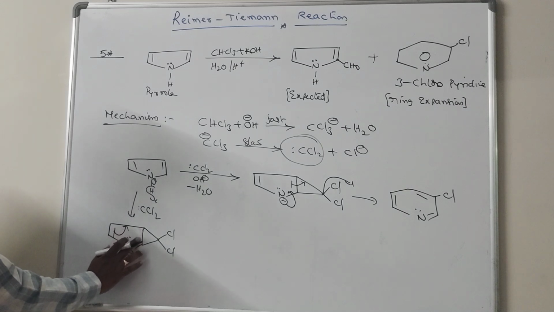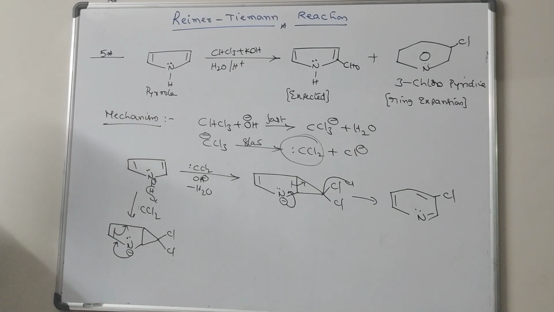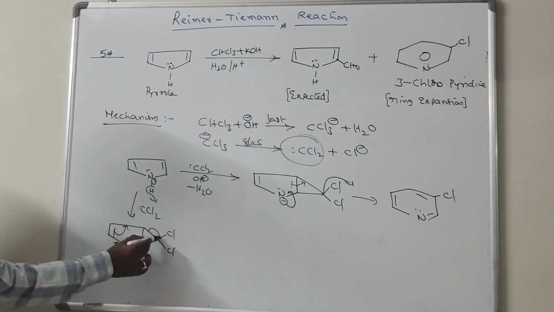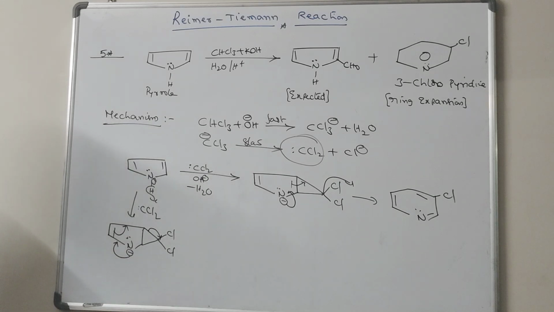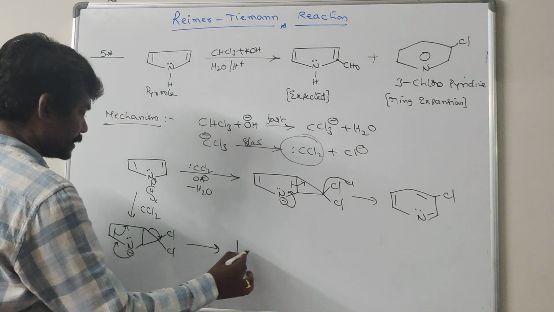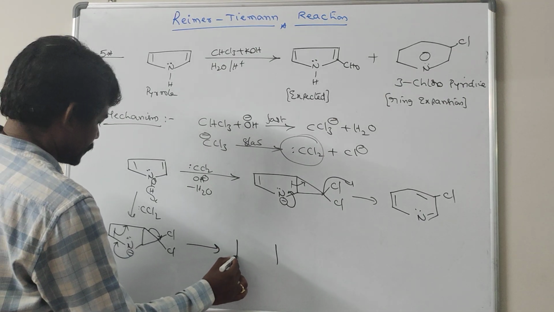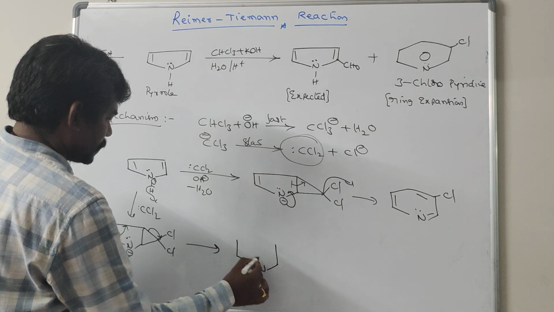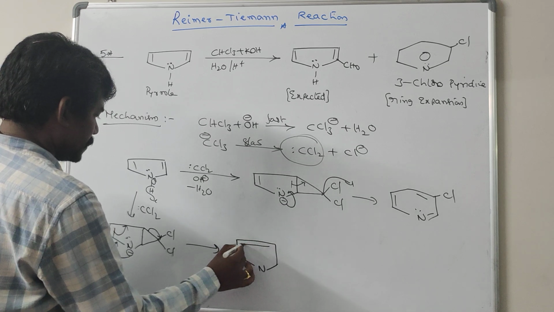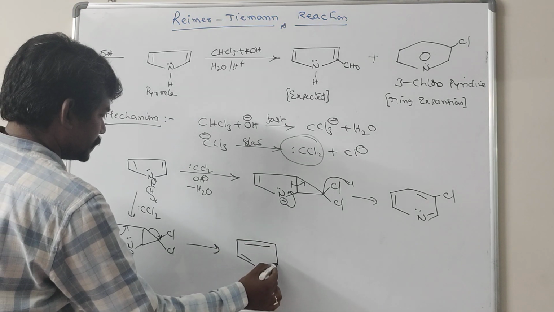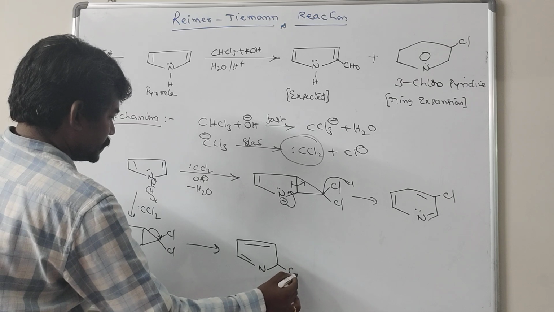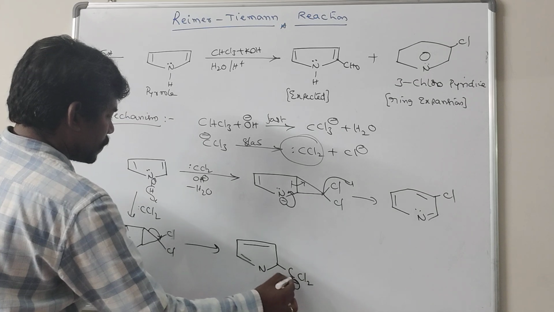There is no such type of bond, already 4 bonds are satisfied. On attack, the electron shifting takes place on the carbon atom like this. We get a double bond and CCl2 minus.